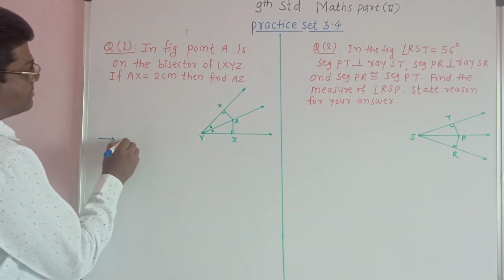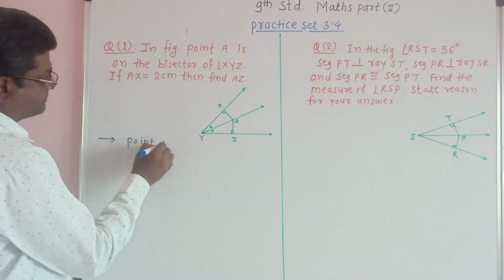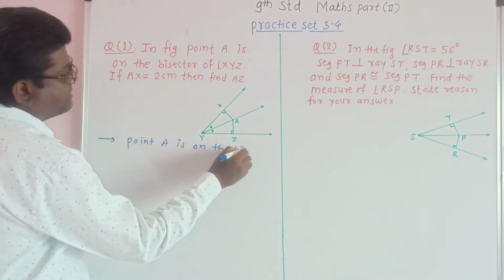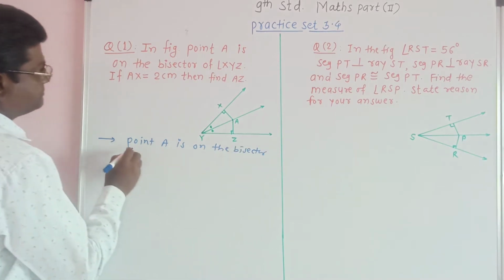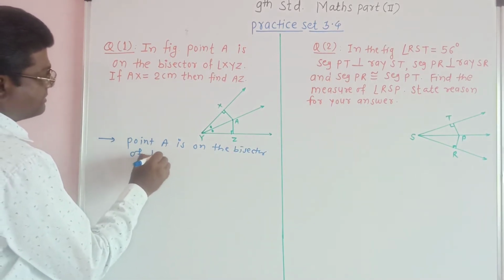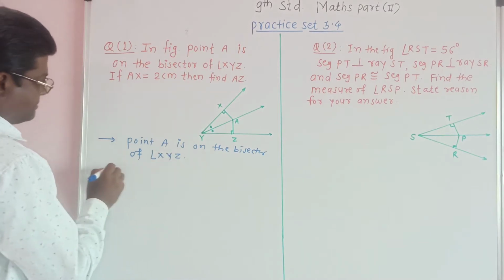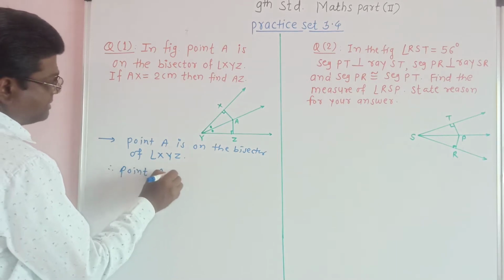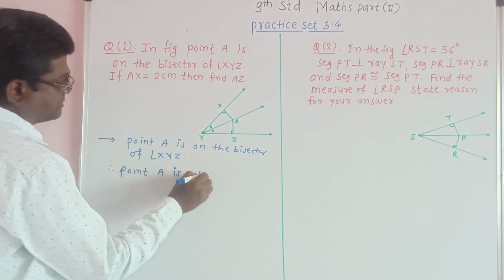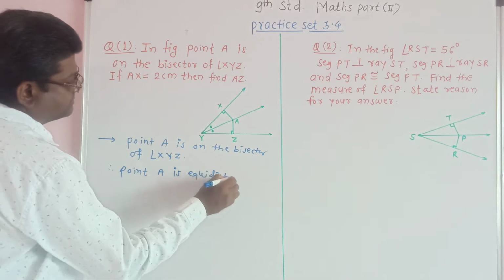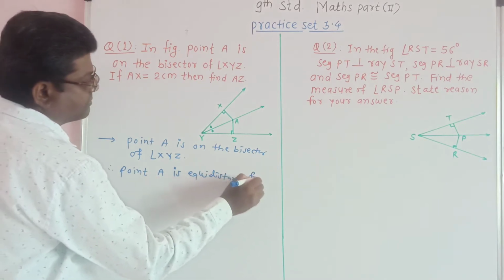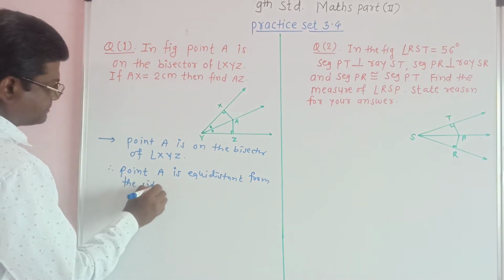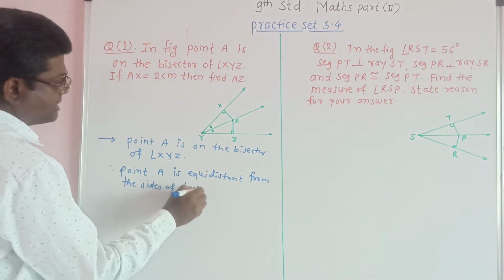Solution: point A is on the bisector of angle XYZ. Therefore, point A is equidistant from the sides of angle XYZ.